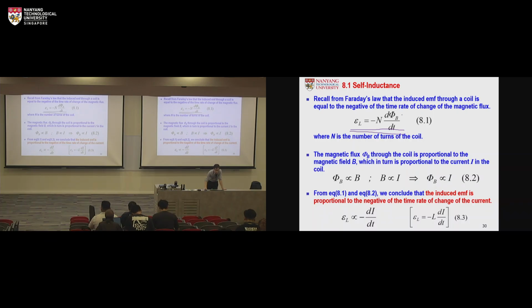Now, because we are talking about the electromagnetic induction inside a circuit, this phi B, of course, comes from B. And this B must come from I. This B is not an external applied magnetic field.